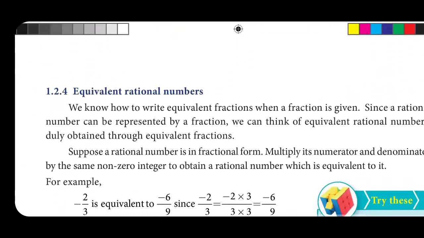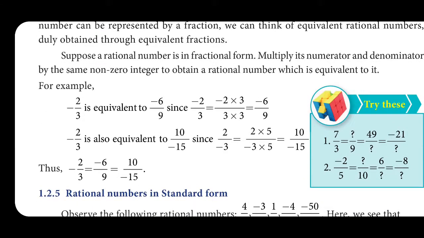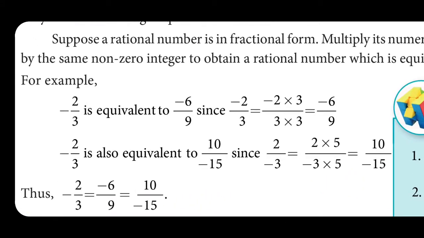Okay, next, equivalent rational numbers. If the numerator and denominator of a rational number are multiplied by the same number, then we get an equivalent number.